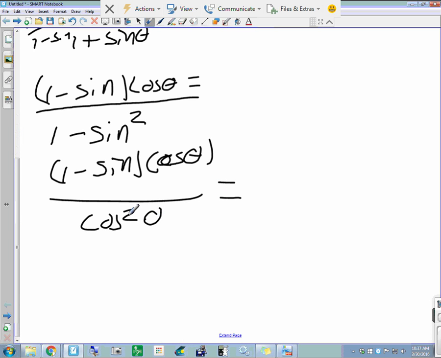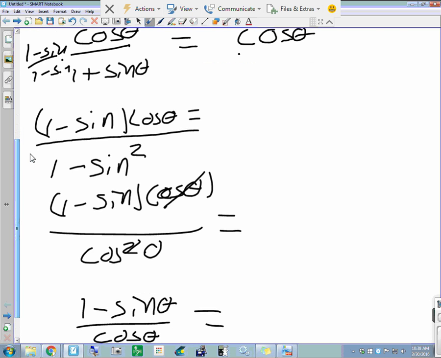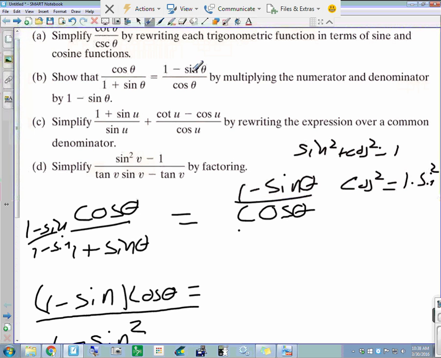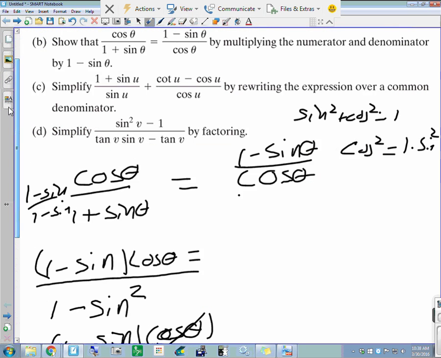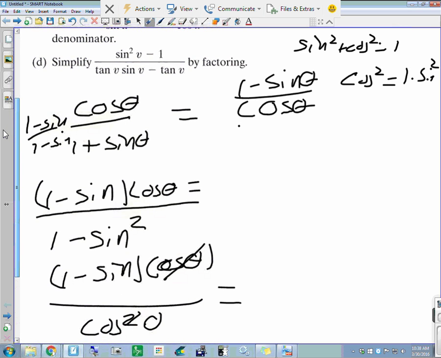Well, can I get one of these cosines to take care of this up here? So that goes off, this goes here, so I have 1 minus sine theta over cosine of theta is equal to, but wasn't that what they wanted us to figure out? Right there. So you can go through and do simplifications like that.